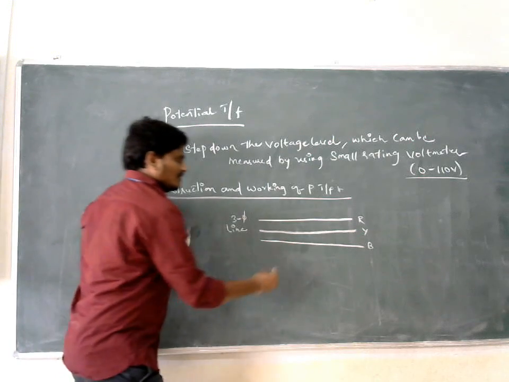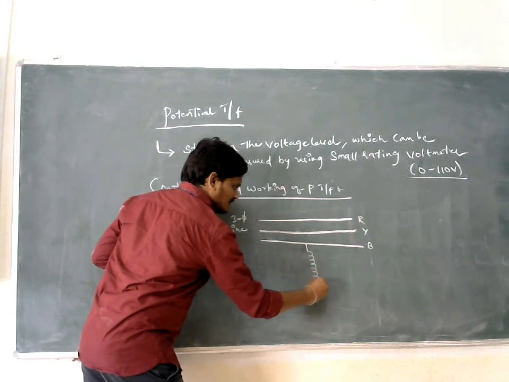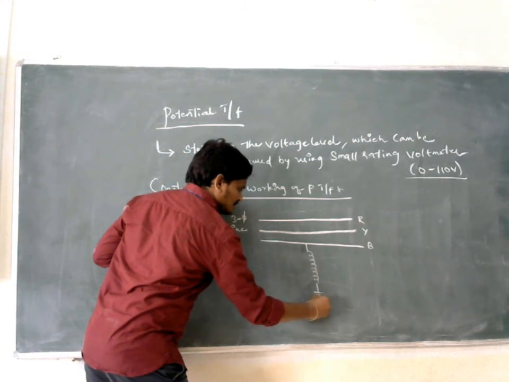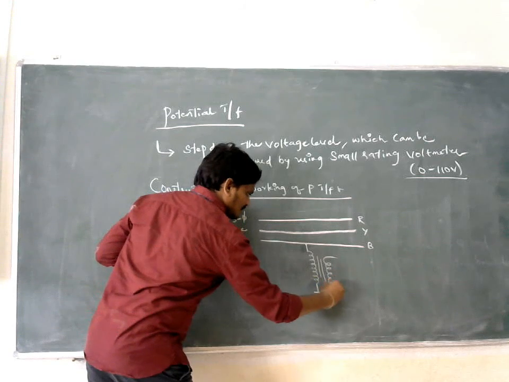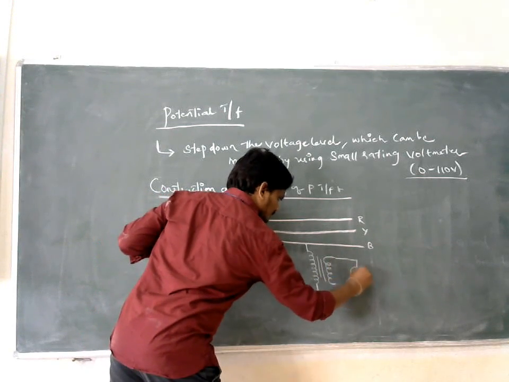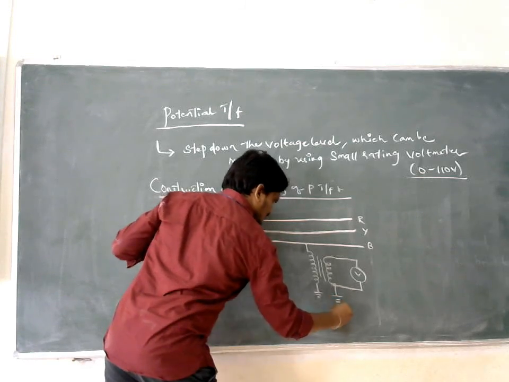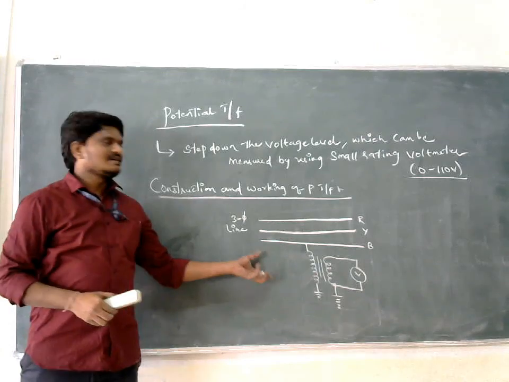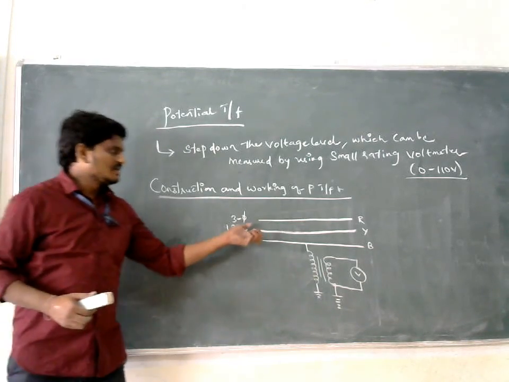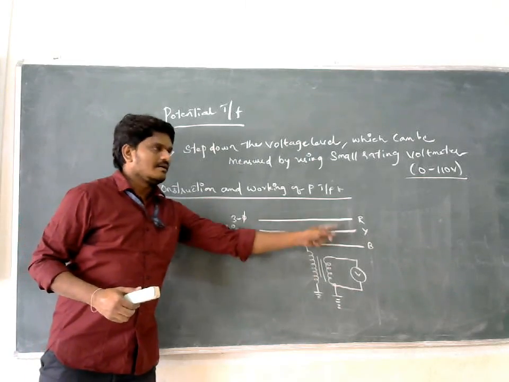Now I am going to draw the winding connections of a potential transformer. This is the general circuit representation of a potential transformer, which consists of a power circuit in the form of a three-phase line R, Y, B.